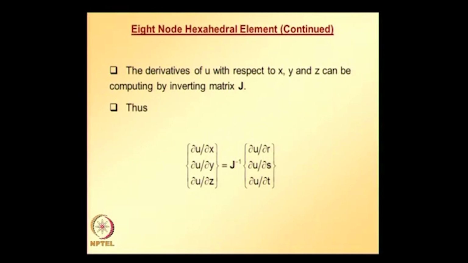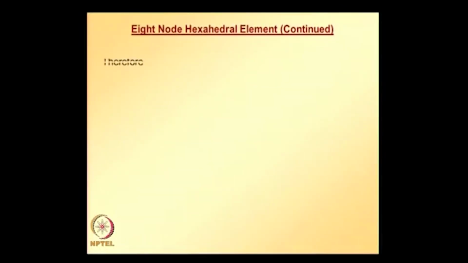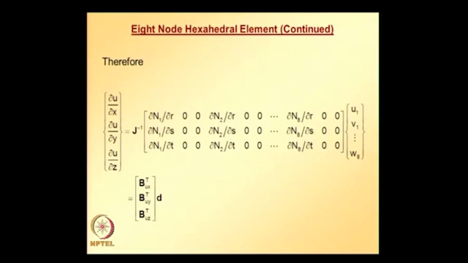Since finite element shape functions are in terms of R, S, T, we can easily take derivatives of them with respect to R, S, T. So, we can find the partial derivative of u with respect to R, S, T in terms of finite element shape functions. Substituting all that information, we get this, which can be compactly written using Bux, Buy, Buz.